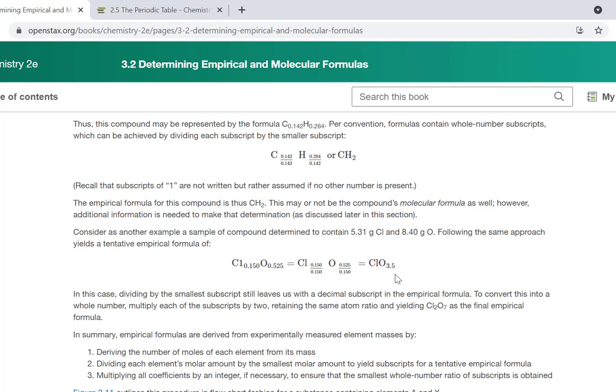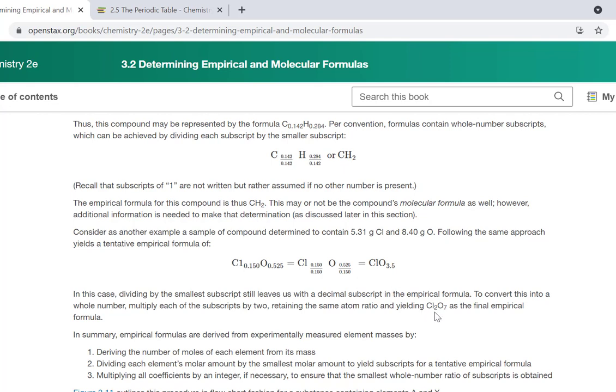We're actually not. If you have something like this, what you want to do is figure out what would you multiply this by to get a whole number. Okay, so if it's a 3.5, obviously we would be multiplying by a 2. So when we do that, we multiply everything by 2. So we would multiply this by 2 as well as this.